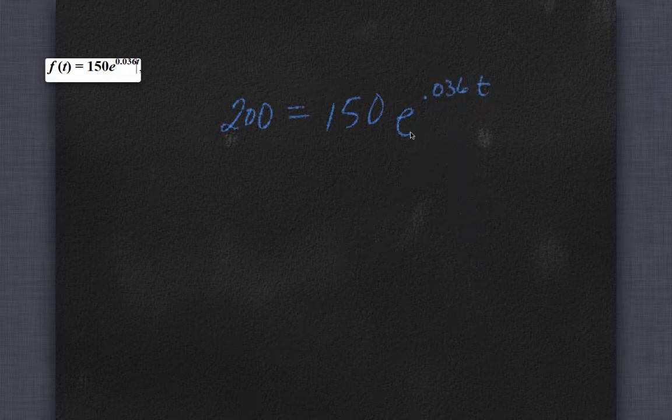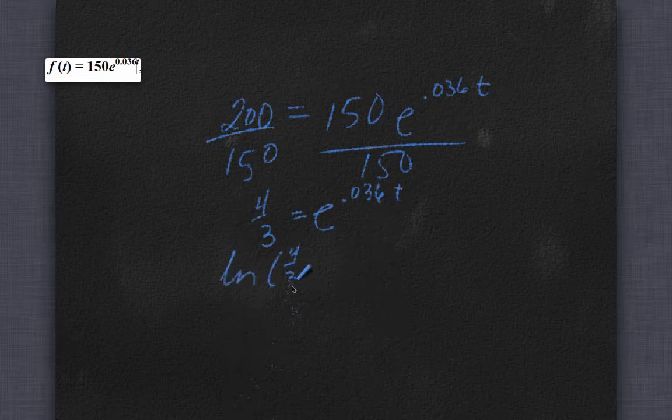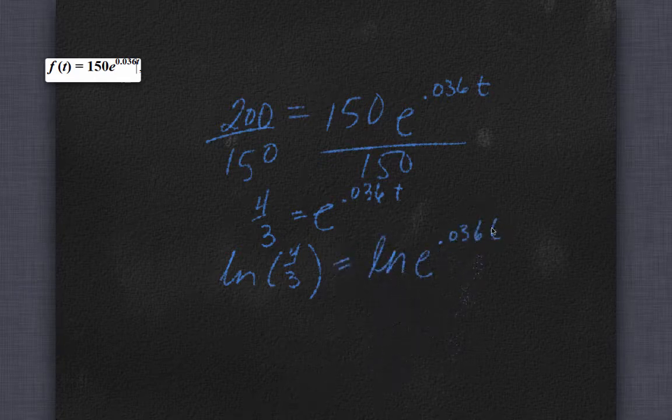I need to isolate the exponential expression before I can solve anything. So 4/3 equals e to the 0.036t. Now I need to take a natural log to get that t out of the exponent. So that's now just 0.036t, because the natural log and the e cancel each other.